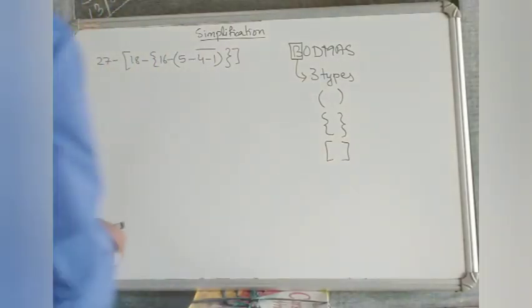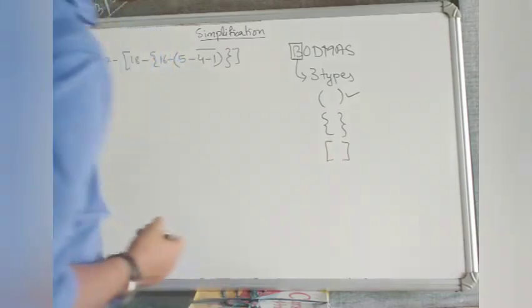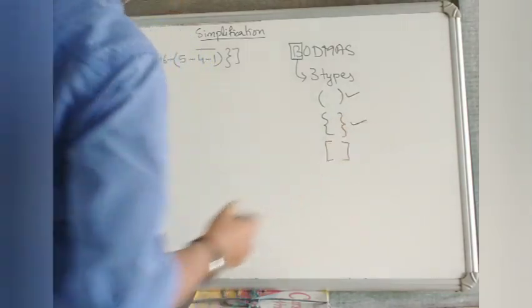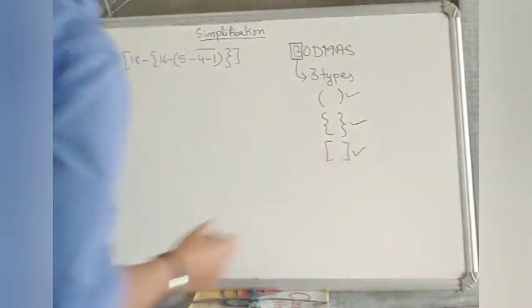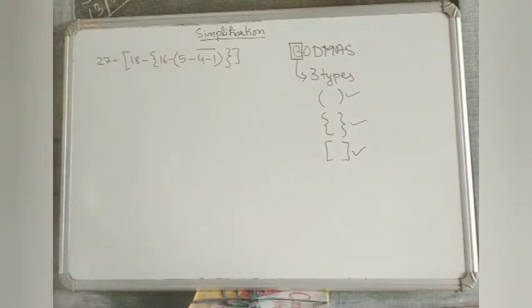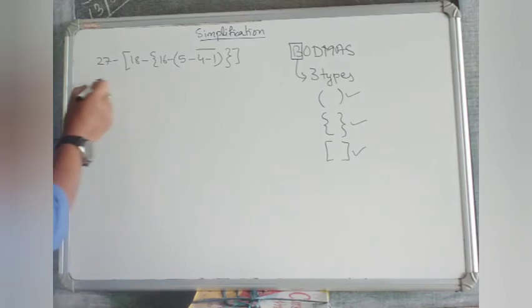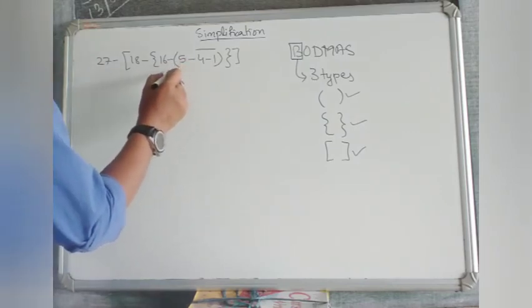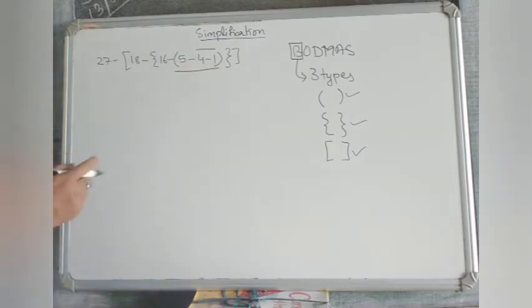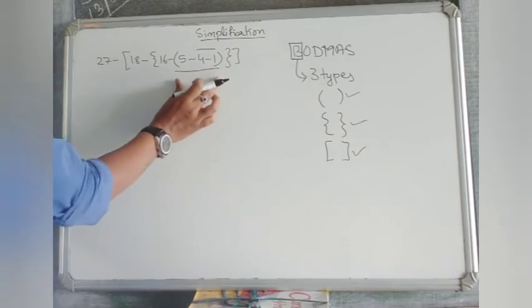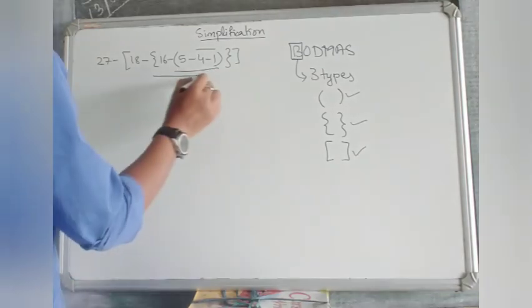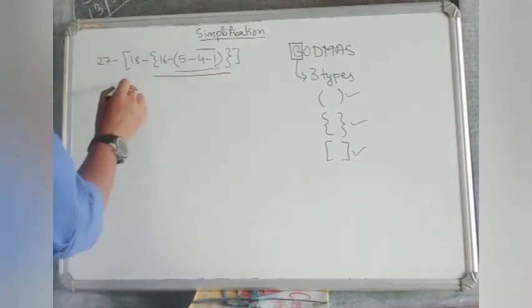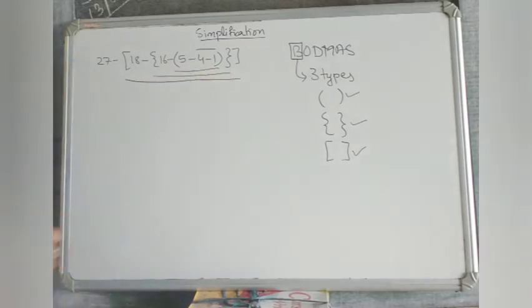So we have to always go for the first bracket, then after that the second bracket, and then the third bracket for solving the questions. Now in this question, this is your first bracket, means first we have to solve within these, then we have the second bracket between these two, and the third bracket is between this.